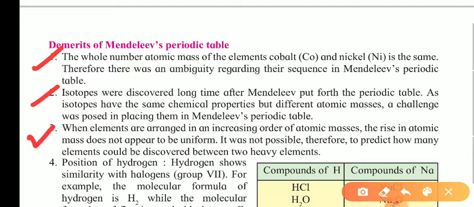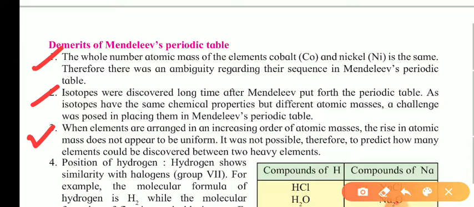The other one: when elements are arranged in an increasing order of atomic masses, the rise in atomic mass does not appear to be uniform. It was not possible, therefore, to predict how many elements could be discovered between two heavy elements.